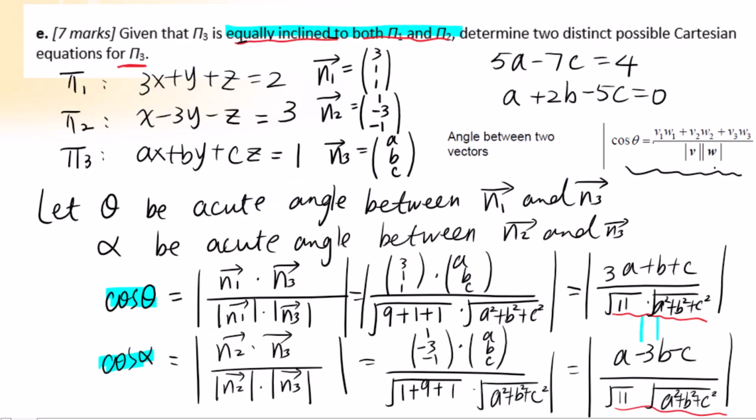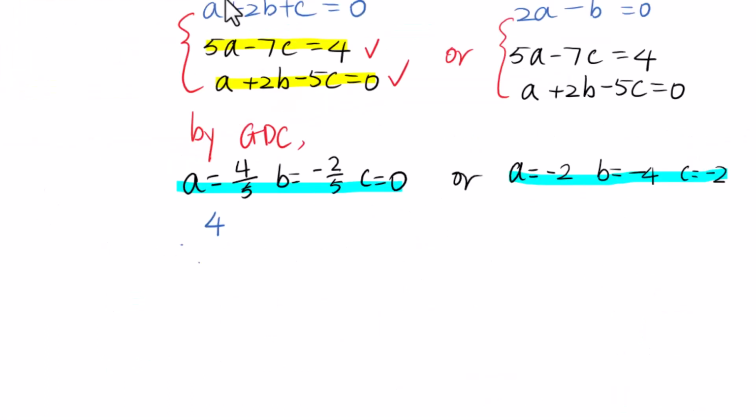The possible Cartesian equations for pi 3: Ax plus By plus Cz equals 1. 4 over 5 x minus 2 over 5 y plus 0z equals 1.